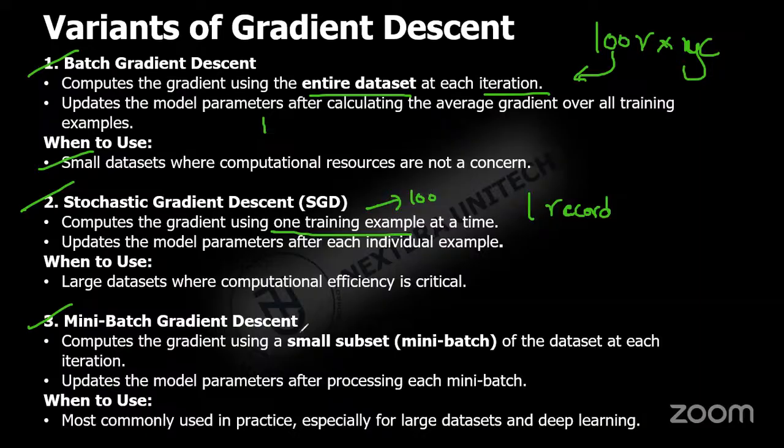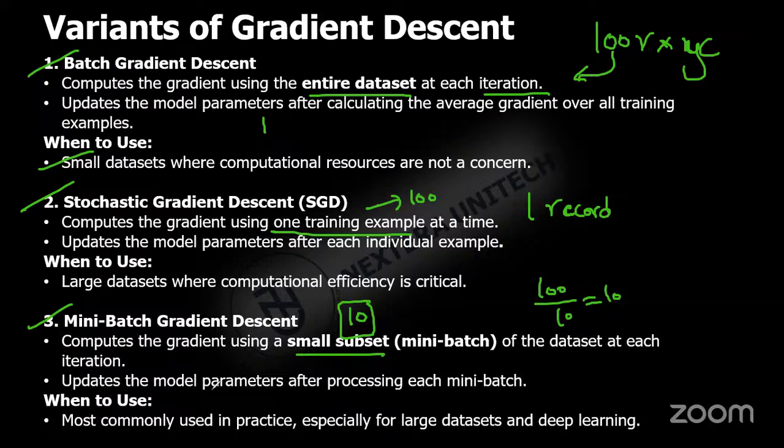What about mini batch? Mini batch defines the batch size upfront, and accordingly we pass the number of records. If I say I want to pass the data in 10 batches, how many records will be passed at a time? 100 by 10, so 10 records will be passed. 10 records, 10 records, 10 records, so in 10 batches the 100 records will be passed.